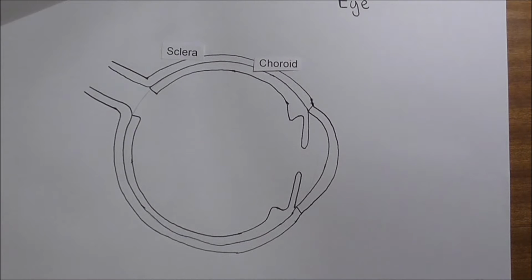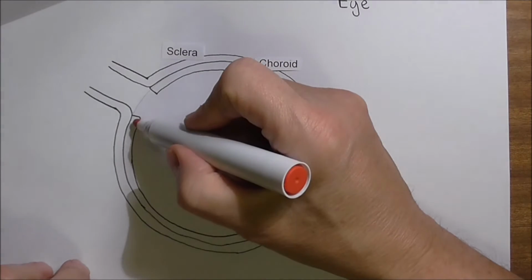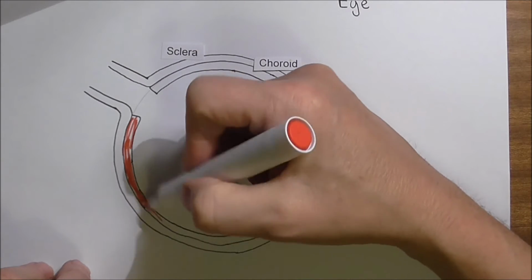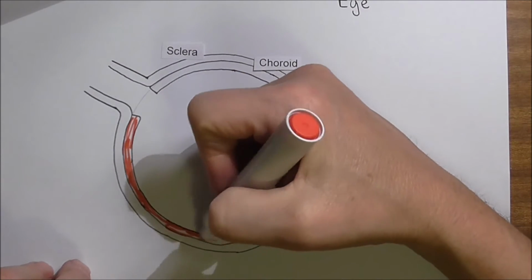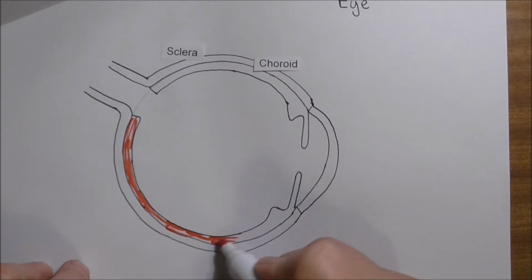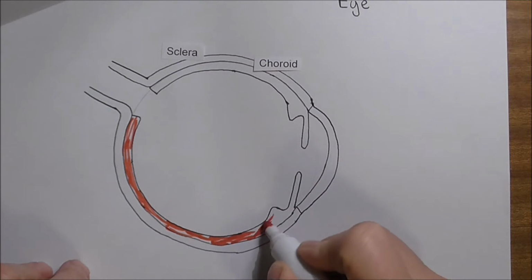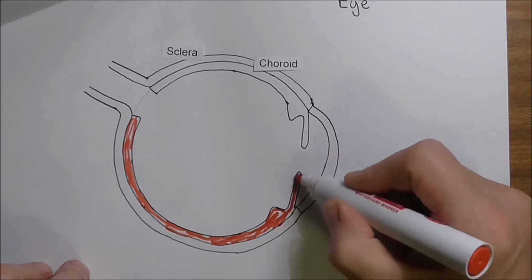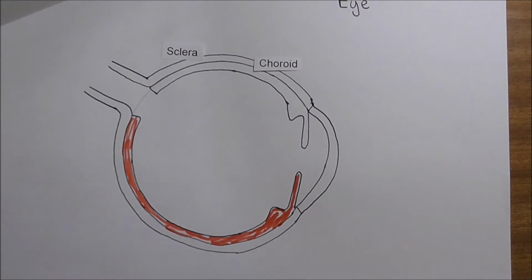I think I might just colour these in a bit actually. So the choroid, we said it's the vascular layer, so we'll colour that in red. This is the choroid. This widened bit at the end is the ciliary body, where it widens out at the end.